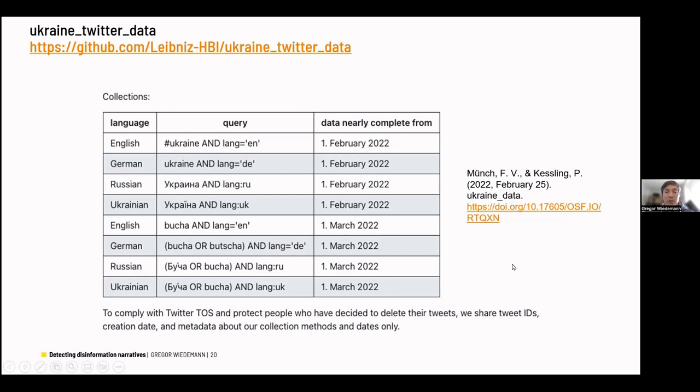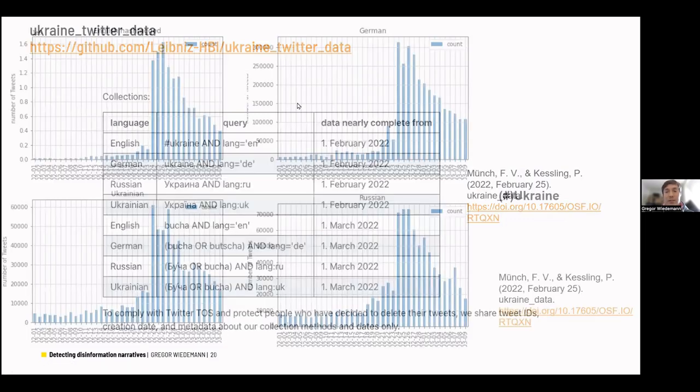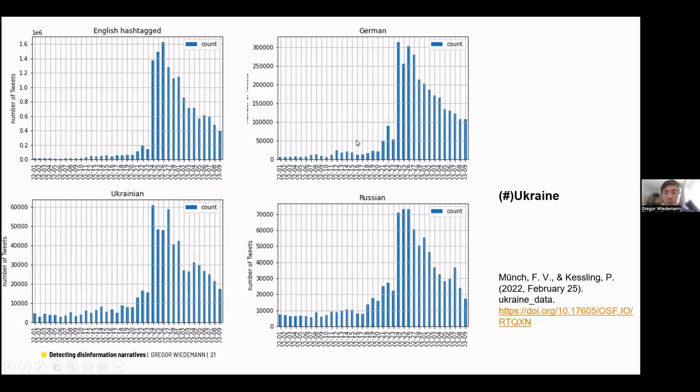All in all this collected about 50 million tweets since the beginning of the collection. So up to 300,000 tweets, for instance, in German per day, and for English it is 1.6 million tweets per day.